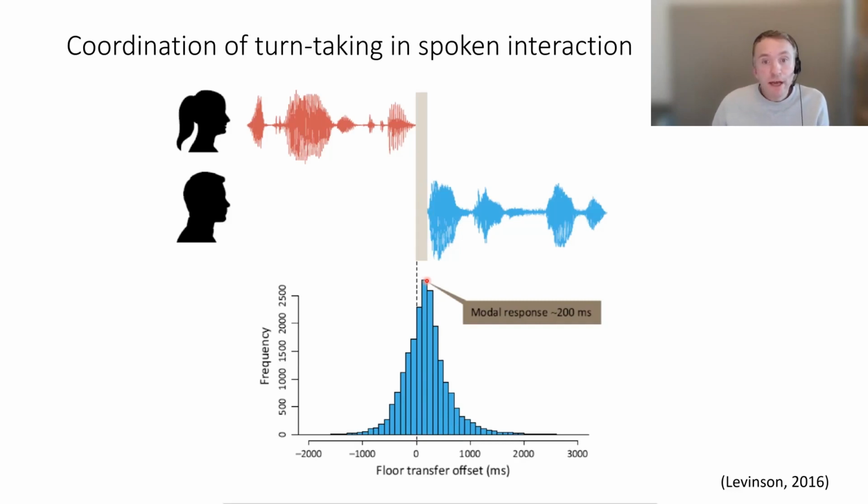Also considering that the second speaker has to figure out what to say also, which would take some time. So probably speakers even try to predict what the other person is saying or will be saying in order to produce a response.